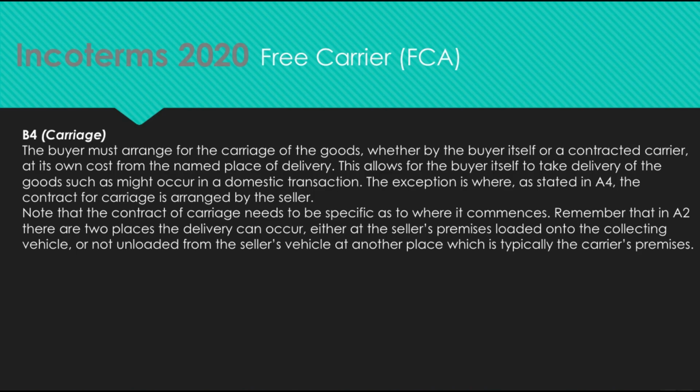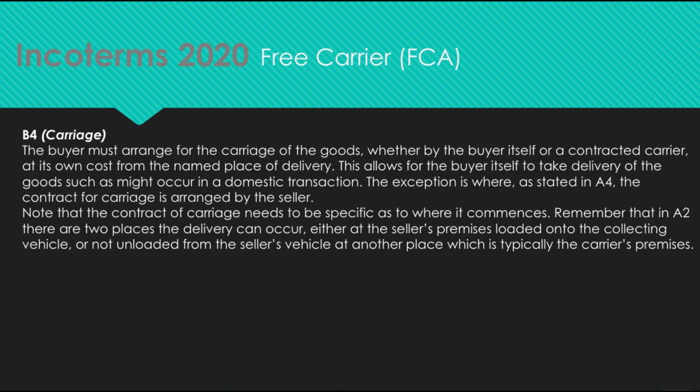Note that the contract of carriage needs to be specified as to where it commences. Remember that in A2, there are two places where delivery can occur: either at the seller's premises, loaded on the collecting vehicle, or not unloaded from the seller's vehicle at another place, which is typically the carrier's premises.